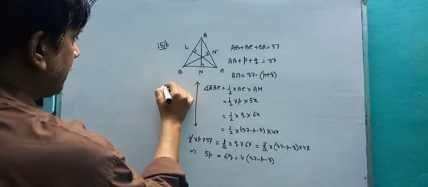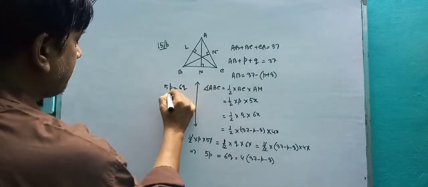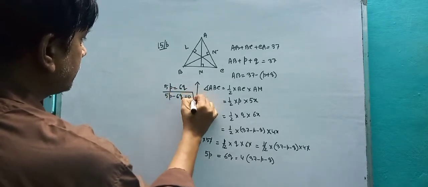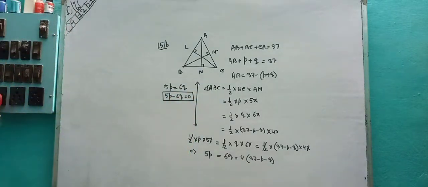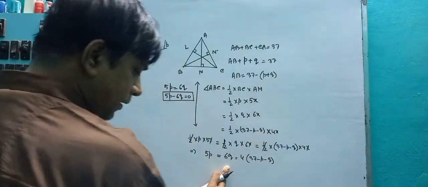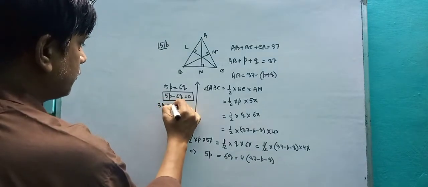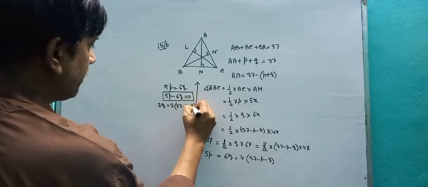So 5P is equal to 6Q. So I can write 5P minus 6Q is equal to 0. Another part, after cancellation, 3Q is equal to 2 into 37 minus P minus Q.